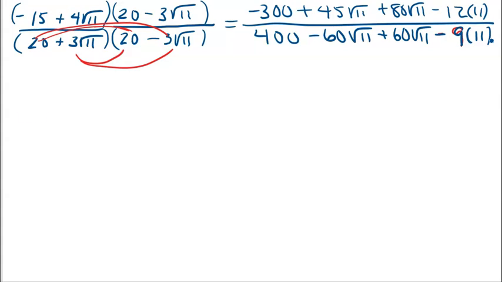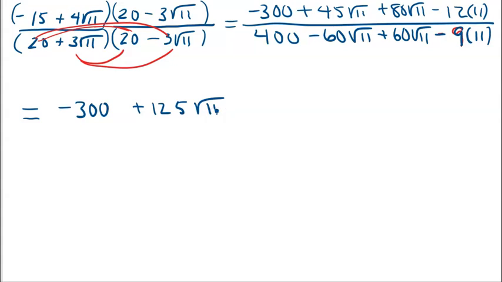Now, what I want to do is simplify that as much as possible, and that's going to be my final answer. So negative 300. I got like terms right here in the middle. 45 square root of 11 plus 80 square root of 11. You add the 45 and 80 to get 125 square root of 11.